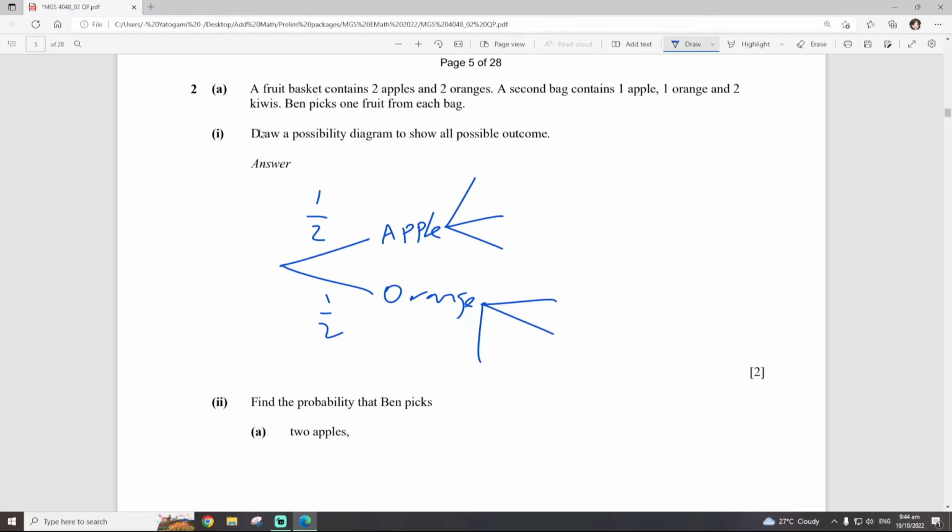So you have a quarter, and half probability of pulling out an apple, and this is an orange, and this is kiwi. The same probabilities apply here.